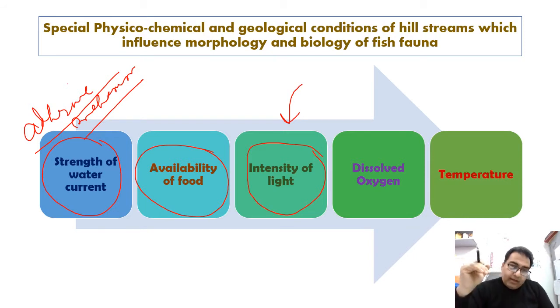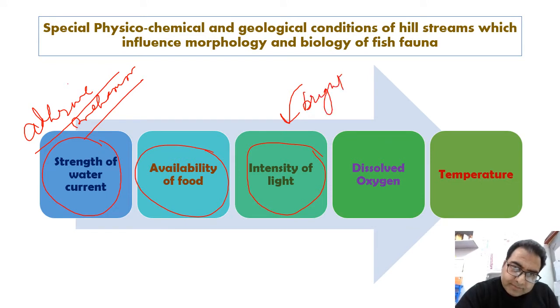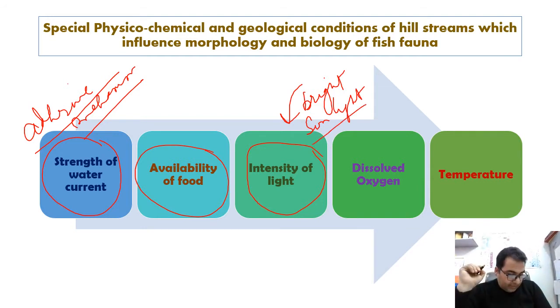That is why these organisms have to face bright sunlight. The intensity of the light is very high in the hill stream because plants cannot grow there, and the water is very clear. They have to adapt to live in the high intensity of light.